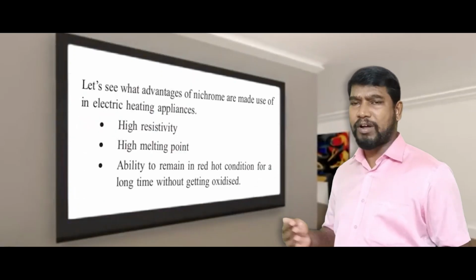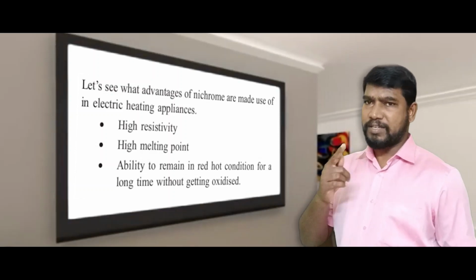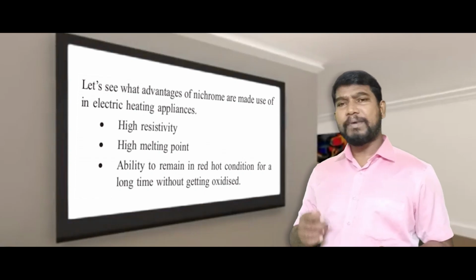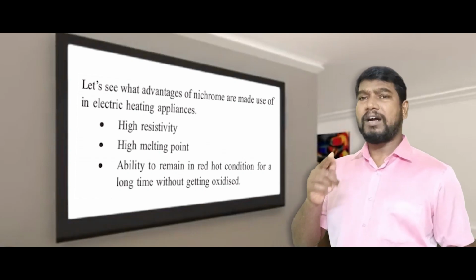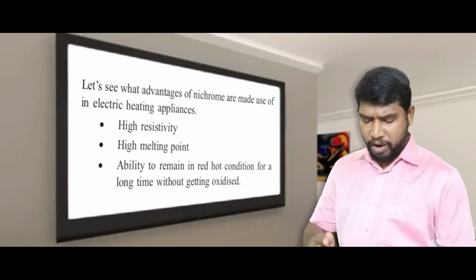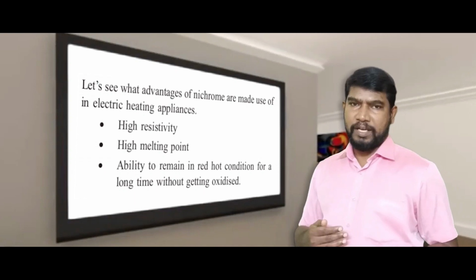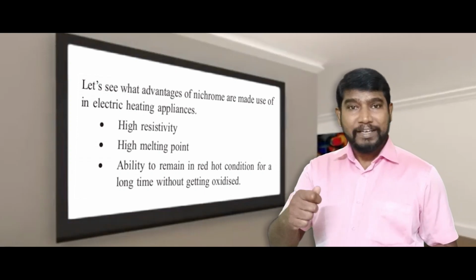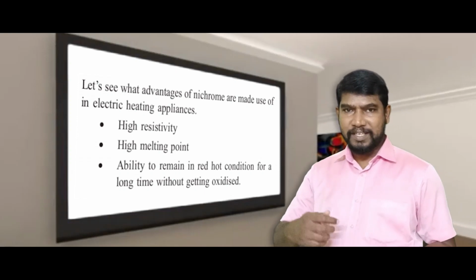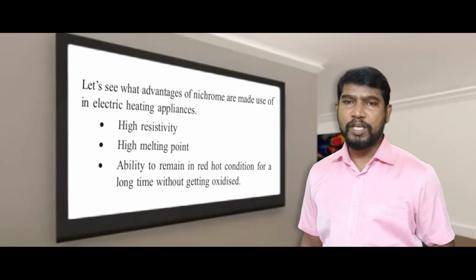Let us see the requirements once again. High resistivity is the first requirement, the second requirement is high melting point, and the third requirement is the ability to remain red hot for a long time. If the heating coil oxidizes, it will be burned and converted to its corresponding oxide.